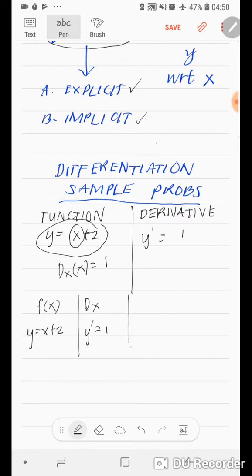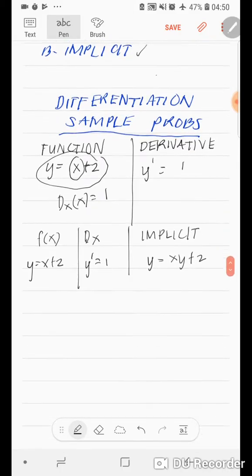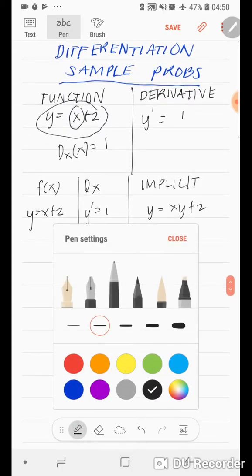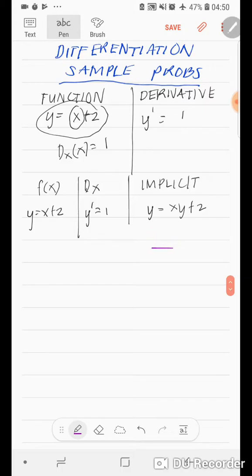And what if we have the implicit version? So it would mean that we have y is equal to xy plus 2. So the general rule when we are getting the implicit would always be the dy over dx. So that's our goal.